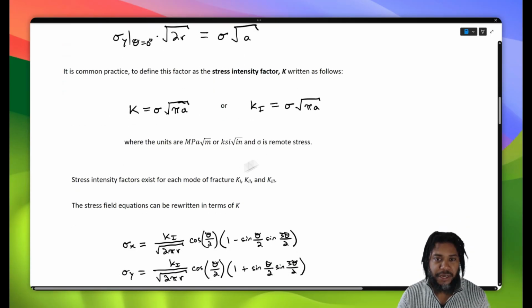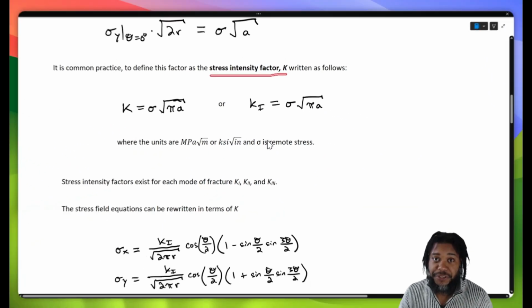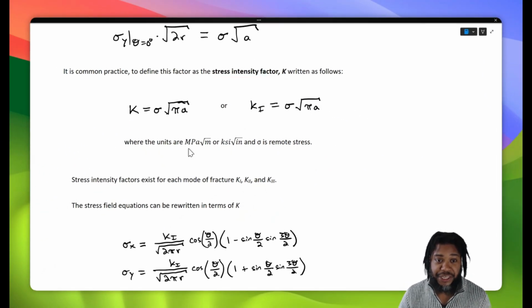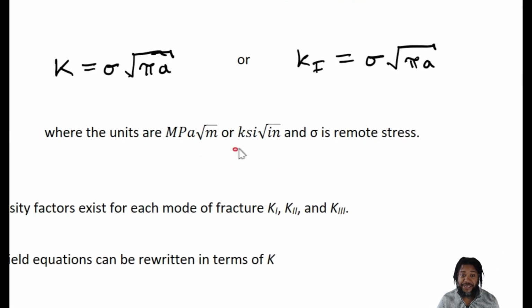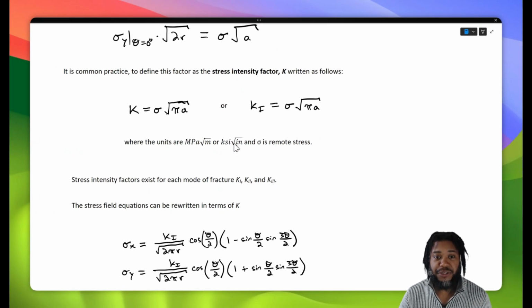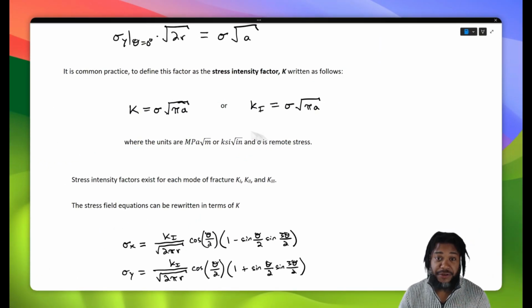It's important to note that this stress intensity factor parameter is in units of megapascal times square root of meters, or ksi times the square root of inches, and that sigma is our remote stress very far away from our sharp crack.